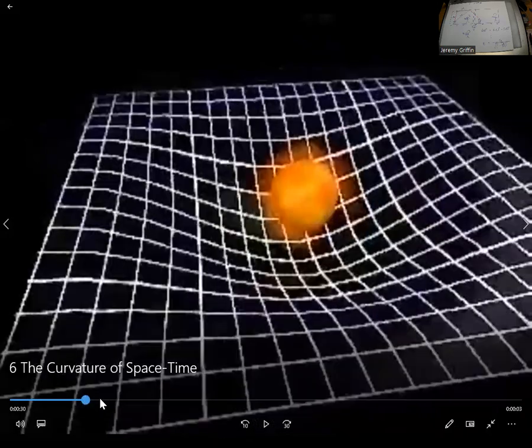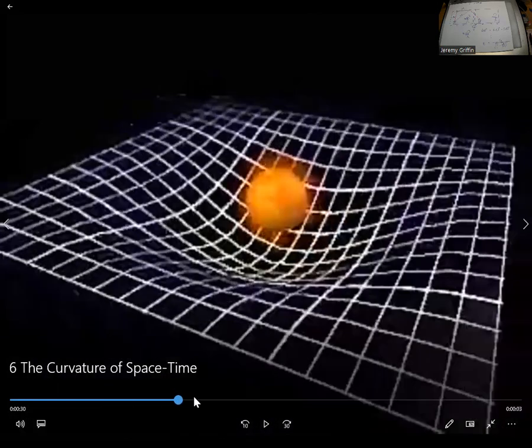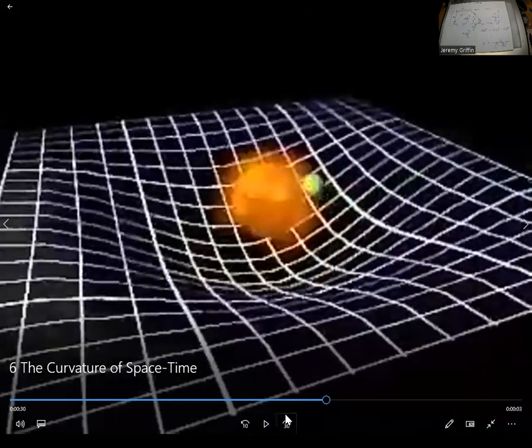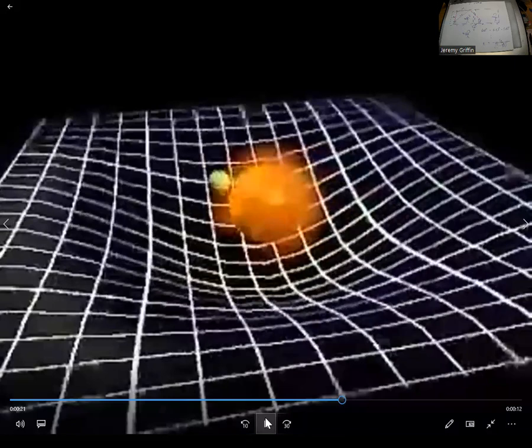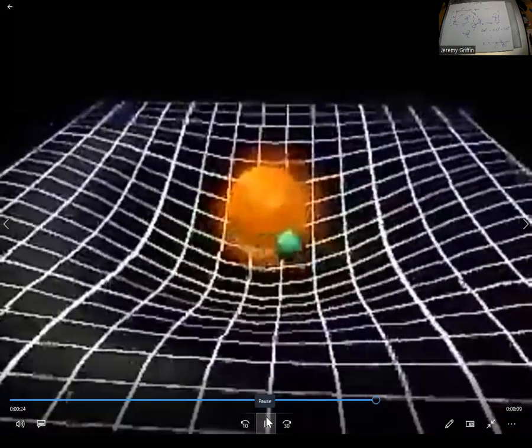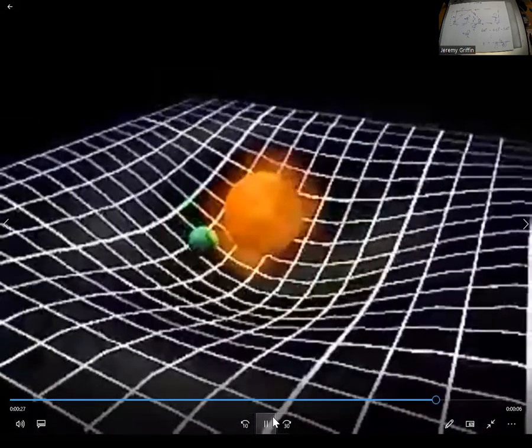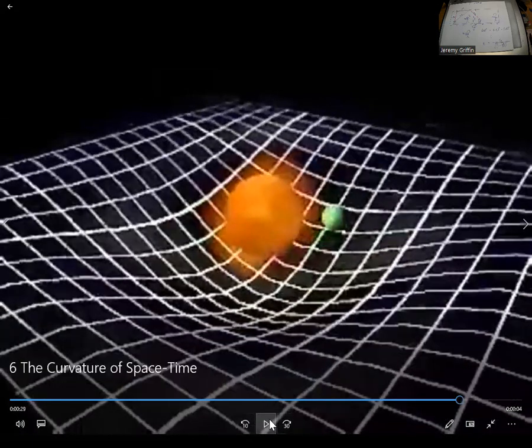So if you introduce a planet, coming along moving in a straight line at constant velocity, then it looks like it's going to orbit around the sun in this case, but not because there's a force like a gravitational tug, but because it's actually traveling in a straight line on a curved path.